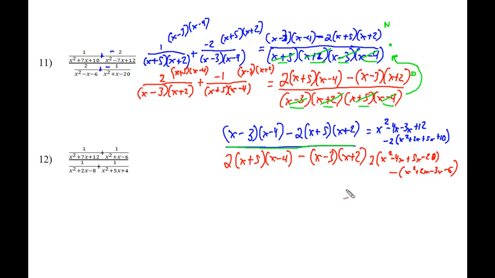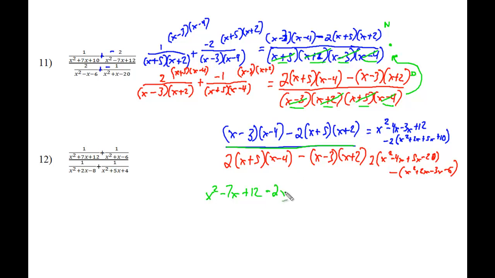And now we just need to put all this together. And yeah, this is going to be a little bit of work here, but we're going to make it happen here. Let's take a look at the blue term, and I'm going to write it in green. This is going to give me x squared minus 7x plus 12. And as I put this together, I'm going to double everything.